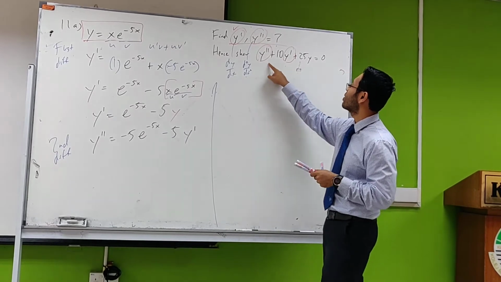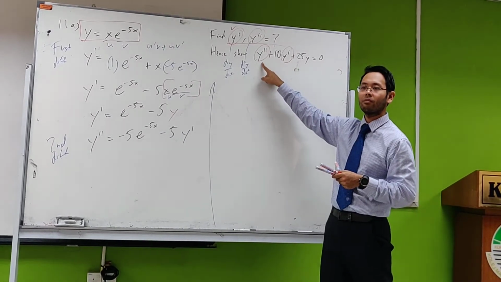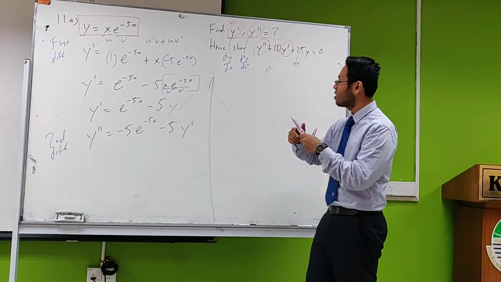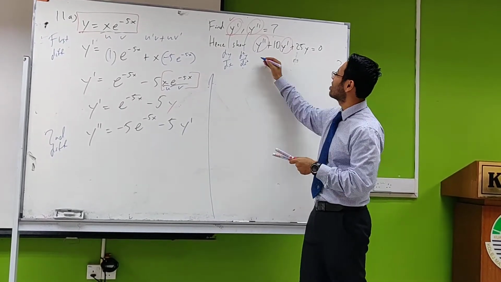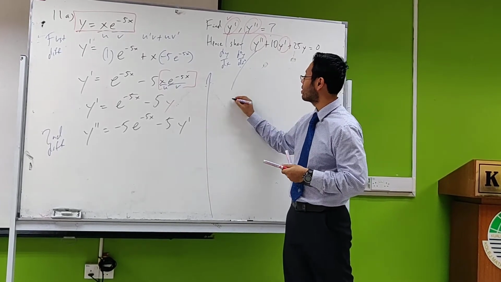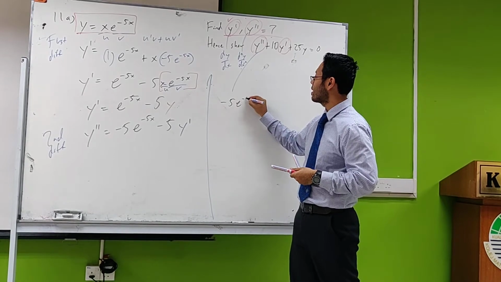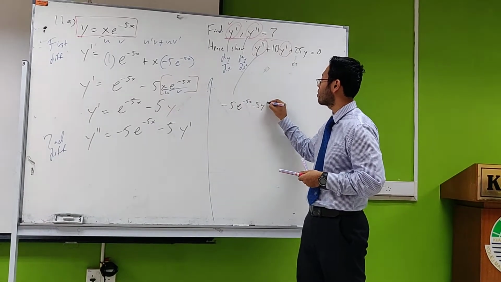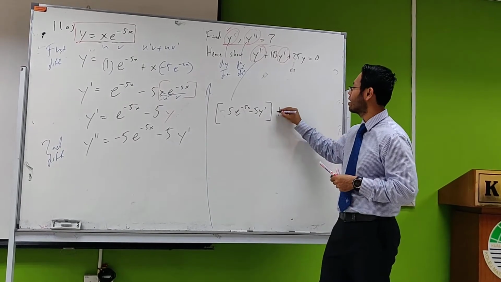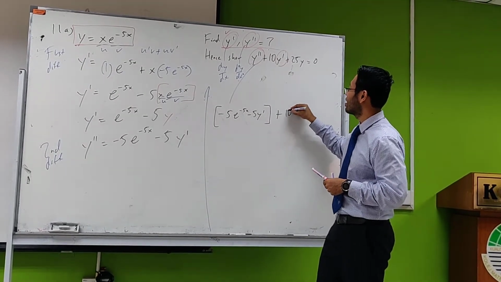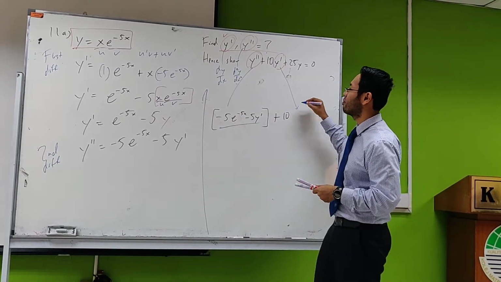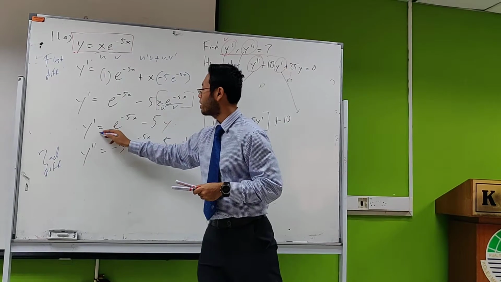Okay, the slow one, we start with this y double prime. So it means this equation. So this one is y double prime. So repeat the whole thing: negative 5 e to the negative 5x minus 5y prime. Okay. Now what about this one? Then y prime, this one here.